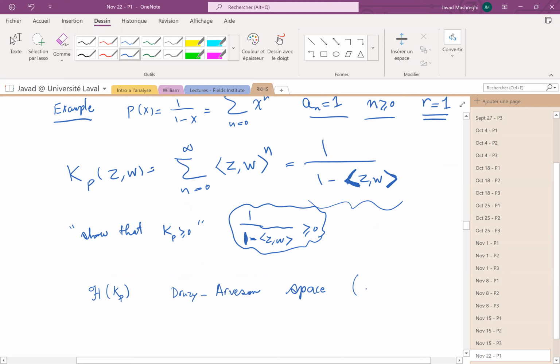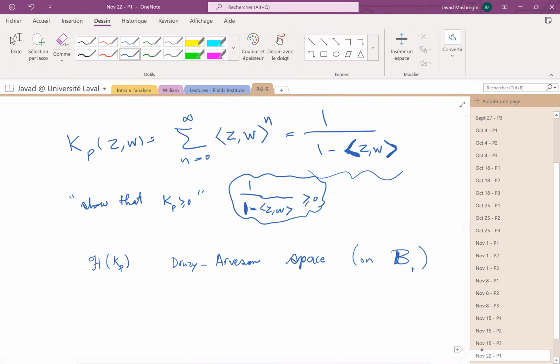And well, let me emphasize, it's on the unit ball B_1 of L. And this is something that Michael will talk about tomorrow in further detail.